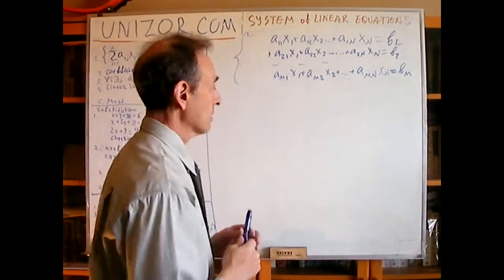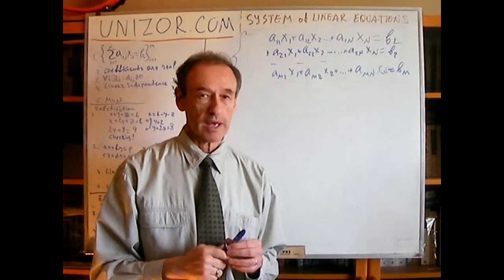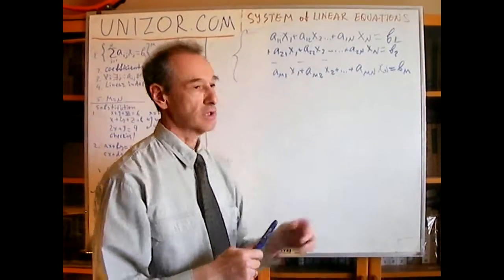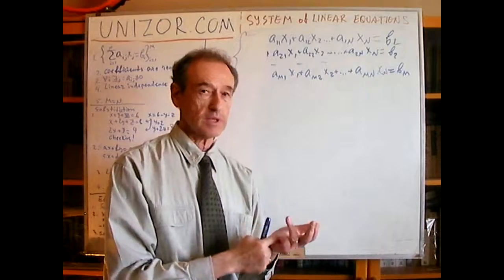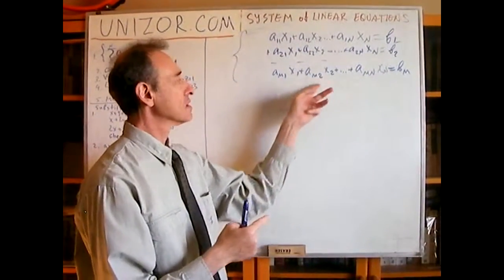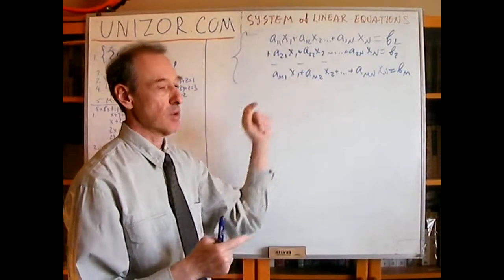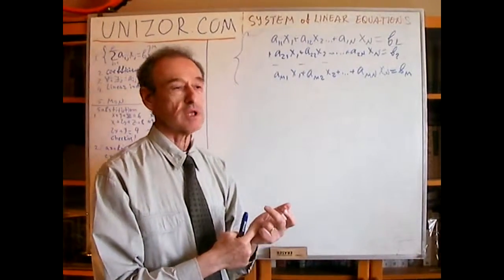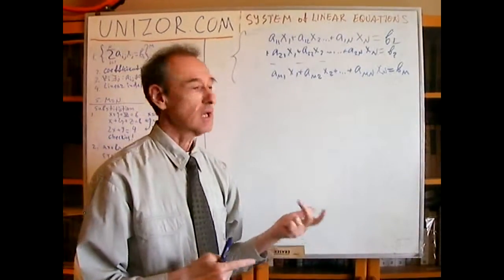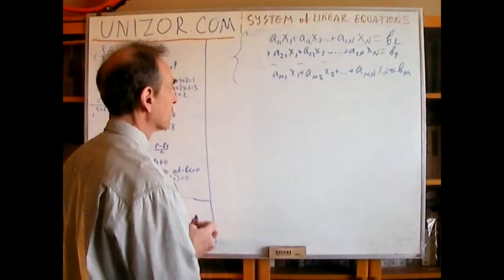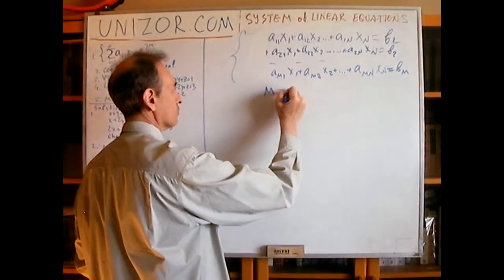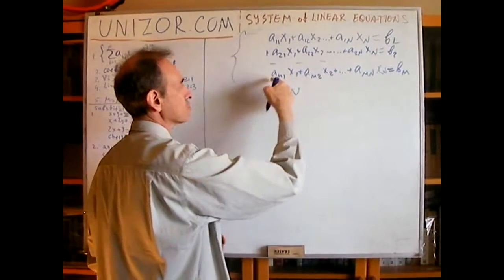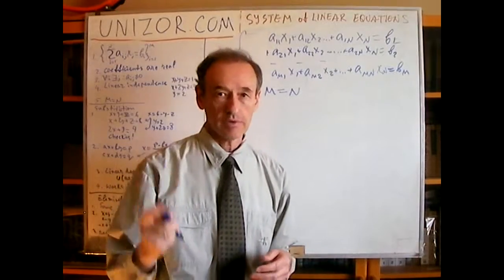Now, the last requirement which I would like to put on my system of linear equations. So the first one is at least one non-zero coefficient in any equation. Number two requirement is linear independence. And number three, I would like to have the case when m is equal to n. So number of equations should correspond to the number of variables.